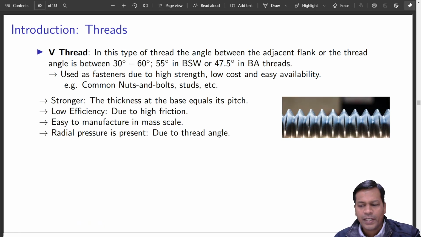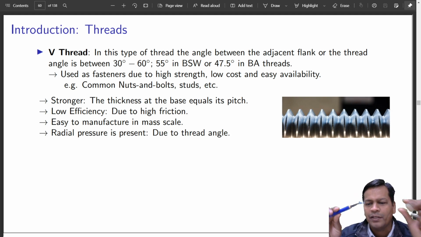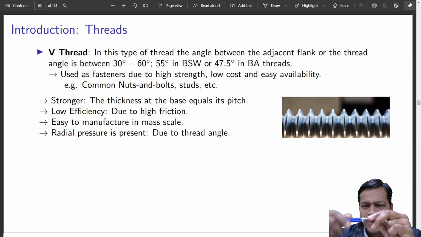There are two types of thread primarily, though there are many others. If you open up anything like this, let me open up one. Just open up your pen if you can see. If you have a pen in your hand, just open it up and you can see there are threads here.